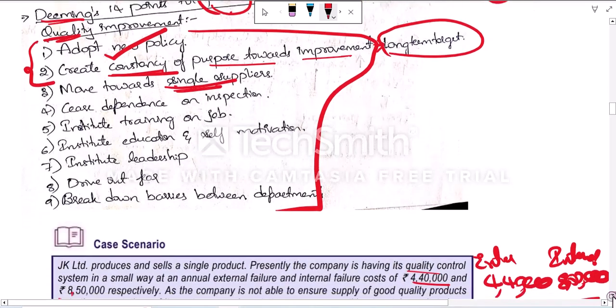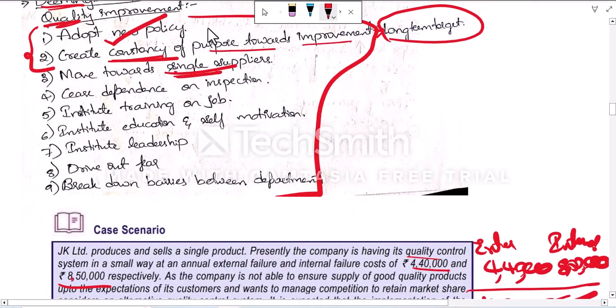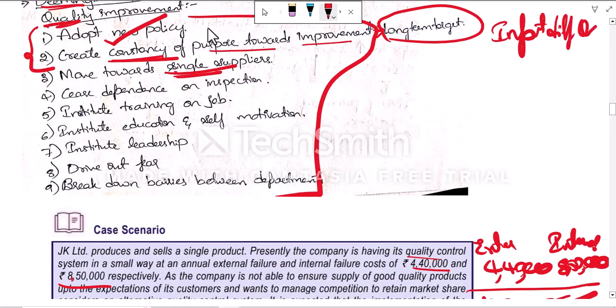Why should we move to the single supplier? To avoid the defects, we should select a supplier who will give the best quality product at a reasonable rate. And if we adopt multiple suppliers, we will get inputs of different qualities, and output will differ from each other.